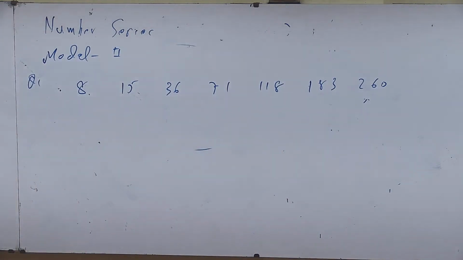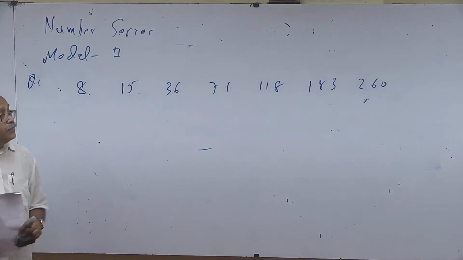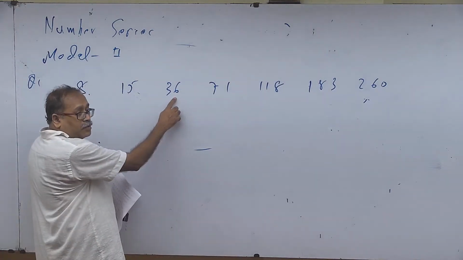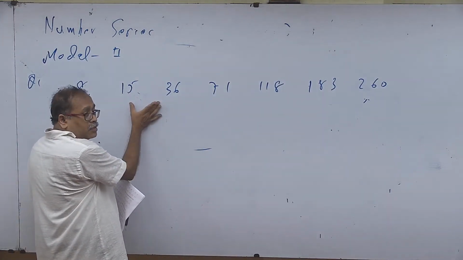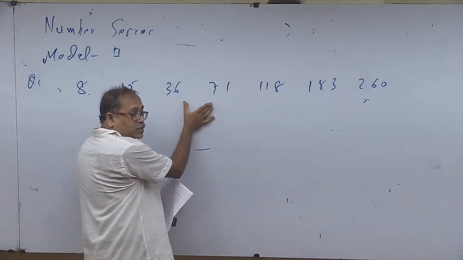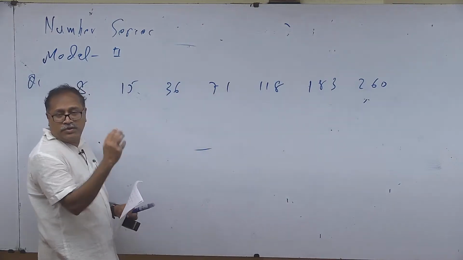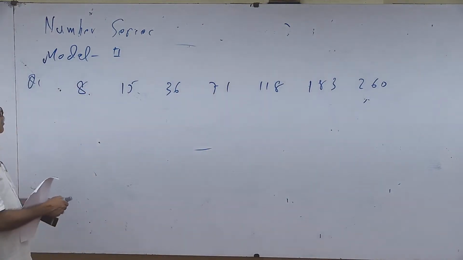It is to identify the logic, then identify the one which does not fit that logic. If this number is wrong, then you will not get the logic on the left hand side and also on the right hand side of the number. So let us try to identify the logic.